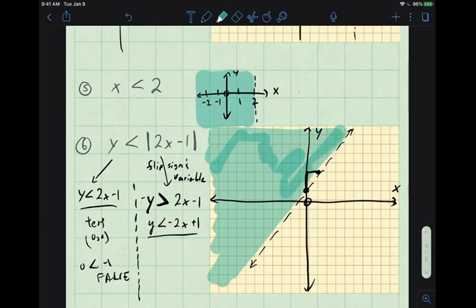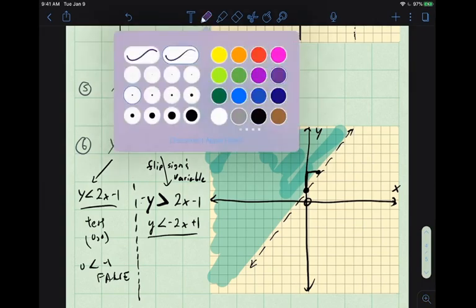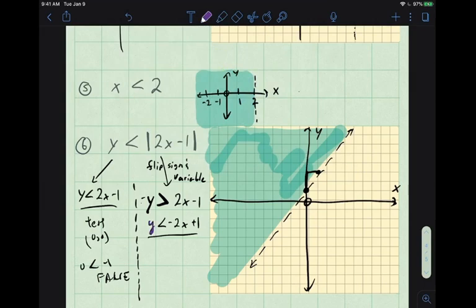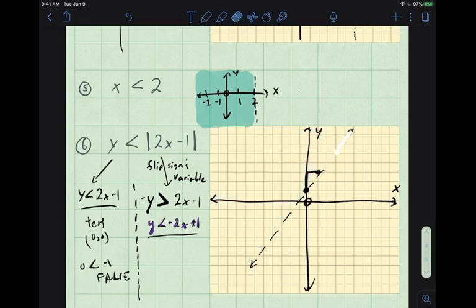Okay. Now for the other equation, let's use a different color. Let's use y is less than -2x plus 1. So now, oops, did I make a mistake? Yes, I did. Darn it. Made a mistake. Got my slope wrong. I was looking at the wrong equation.